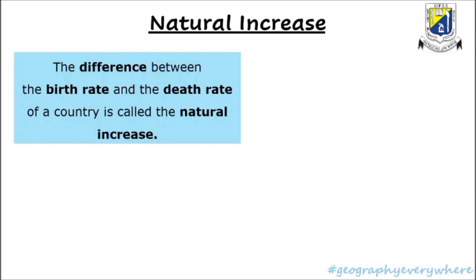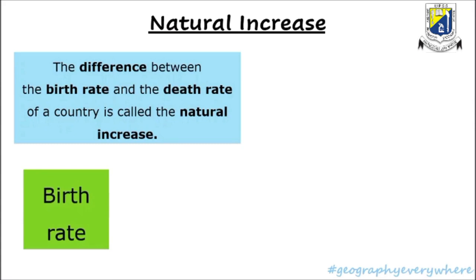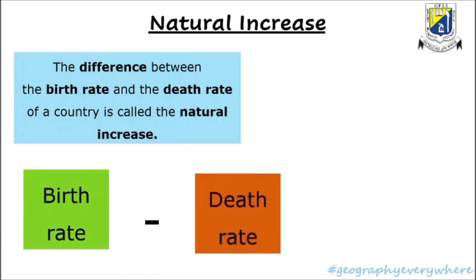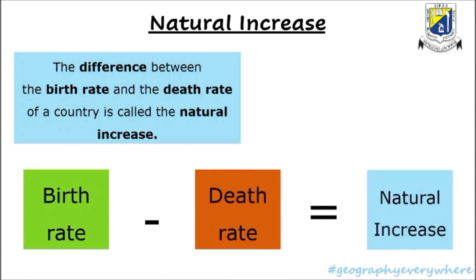Okay, moving forward. Now, note that the difference between the birth rate and death rate of a country is called the natural increase. So, to obtain the natural increase of a particular country, you subtract the death rate from the birth rate.